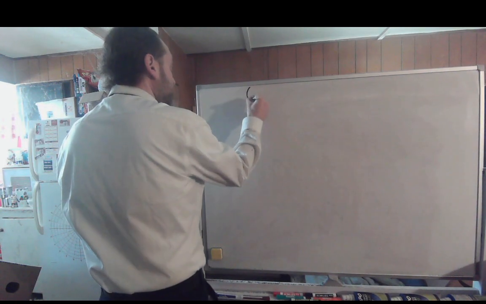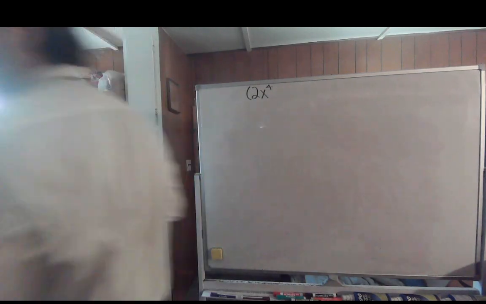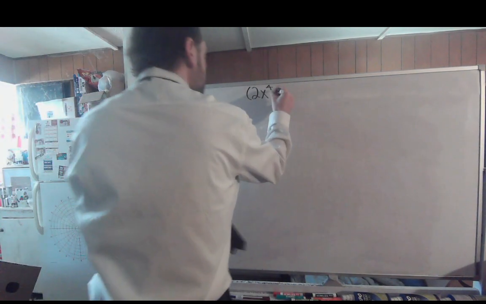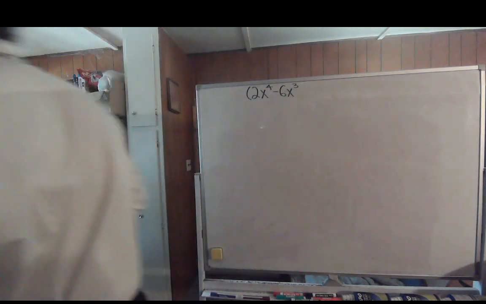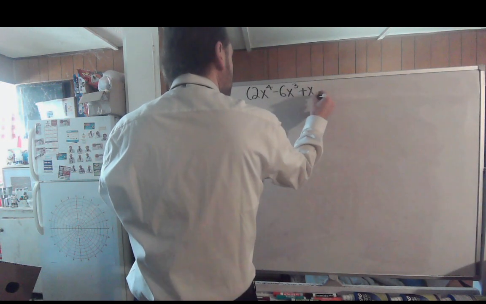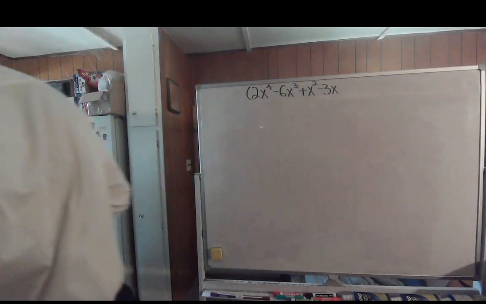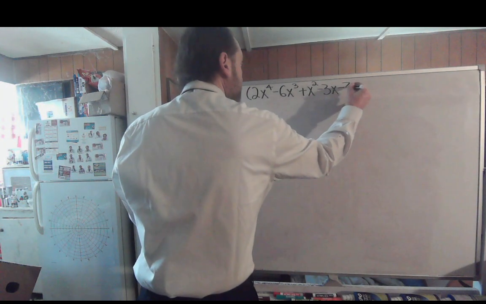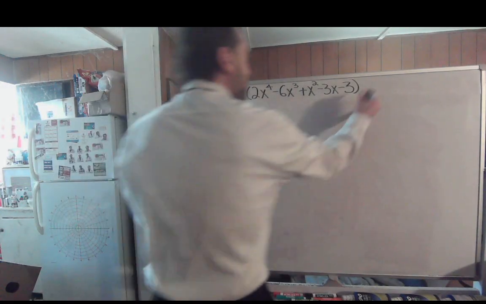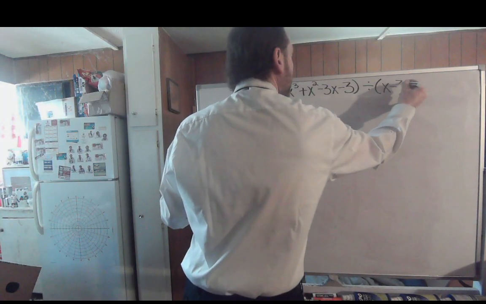All right, let's see. We have 2x to the fourth minus 6x to the third plus x to the second minus 3x minus 3, that polynomial divided by x minus 3.